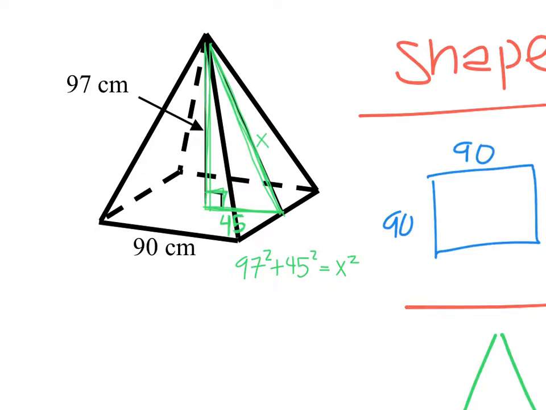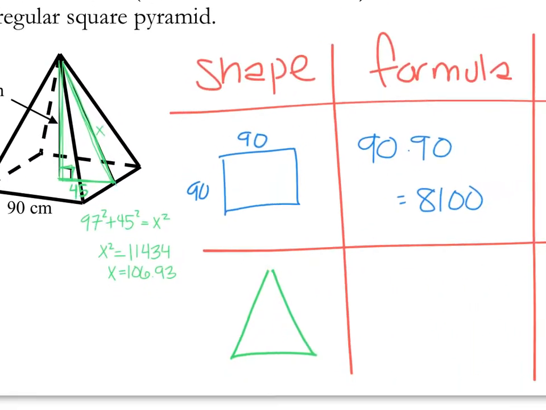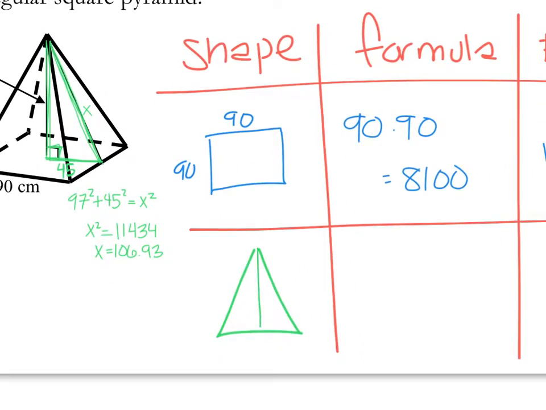So I get x squared equals 11,434, and then I take the square root of that, and I get 106.930. So that is going to be my height, 106.93, and my base, remember, is still 90.